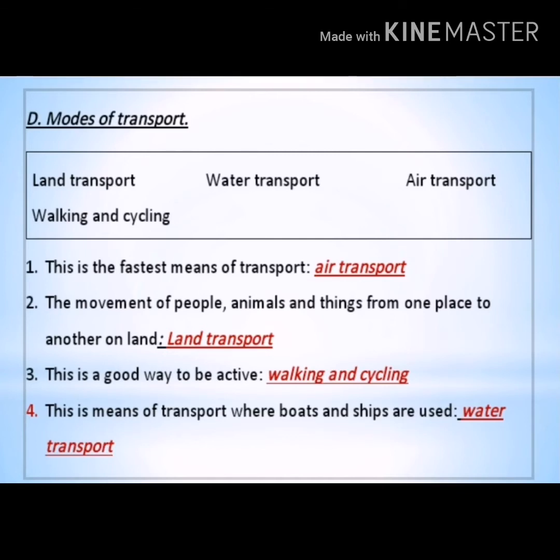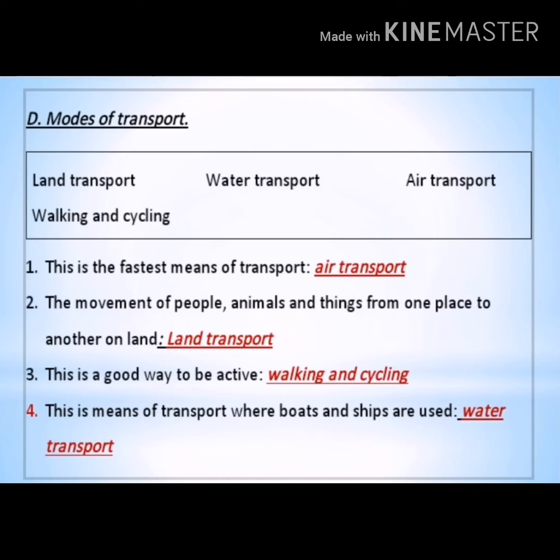Number 2, the movement of people, animals, and things from one place to another on land. What do we call that one? When people move from one place to another using land, we call it land transport. Number 3, this is a good way to be active. Which is the best way to be active?